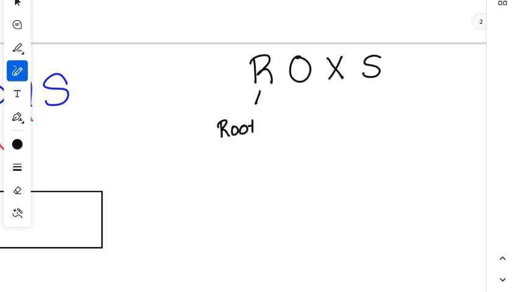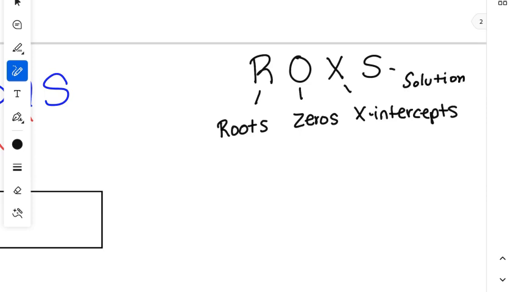R stands for roots. O stands for zeros. X stands for x-intercepts. And S stands for solutions. They all mean the same thing. All it is is where the parabola crosses the x-axis. You could have 1, you could have 2, or you could have none at all.